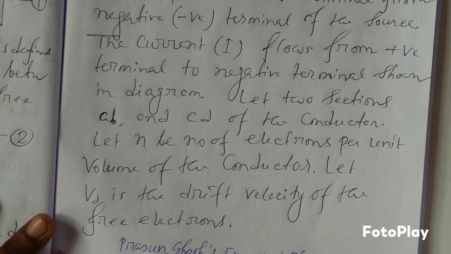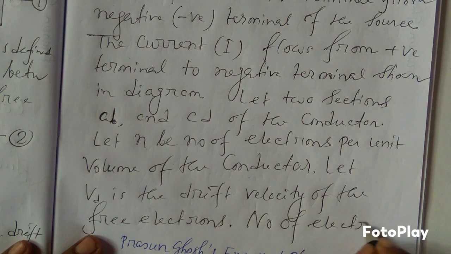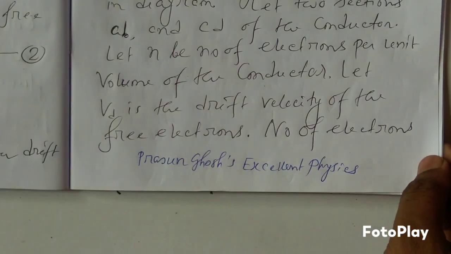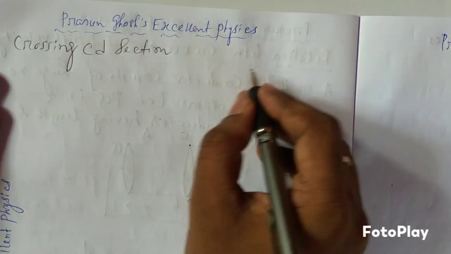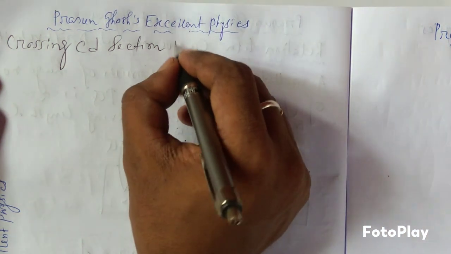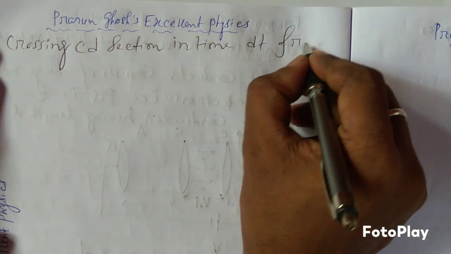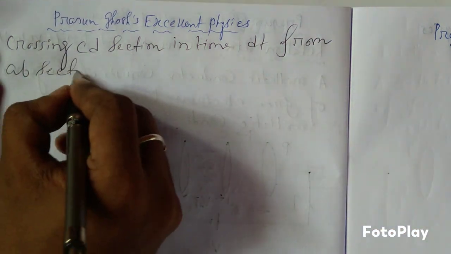So we can calculate the number of electrons crossing the CD section in time dt from the AB section.